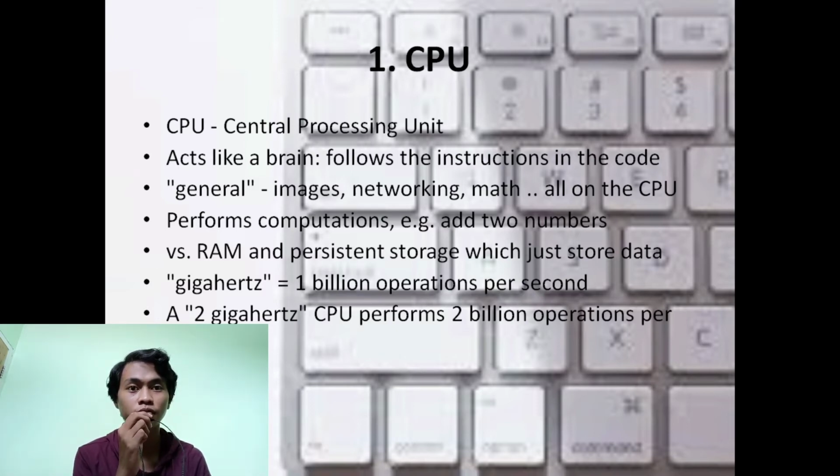The CPU performs computation. It adds two numbers, versus RAM and persistent storage, which just store data. Gigahertz is 1 billion operations per second. A 2 gigahertz CPU performs 2 billion operations per second.